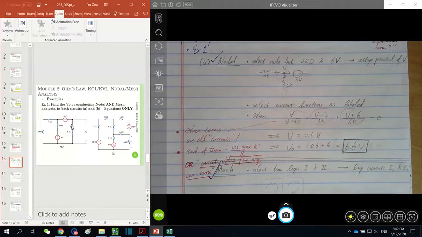So how to write this current here? The voltage at this node minus the ground 0, divided by 6 kilo. So what is the voltage here? You have the voltage at this node as V. And then by increasing 6 volts, you reach this node voltage, because in the middle you have a 6 volt voltage source.